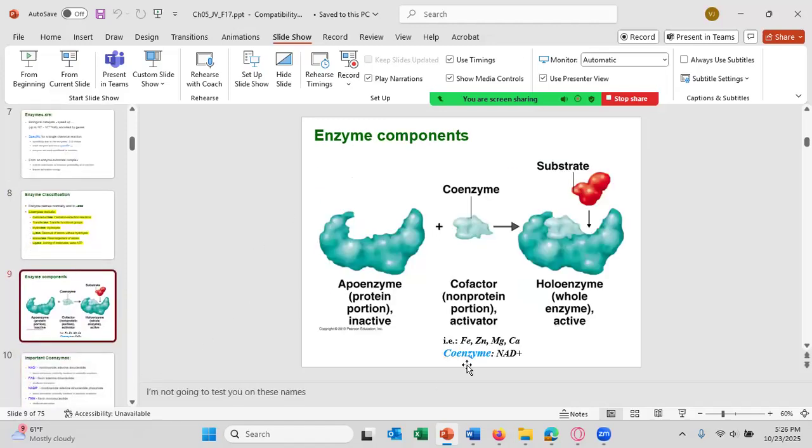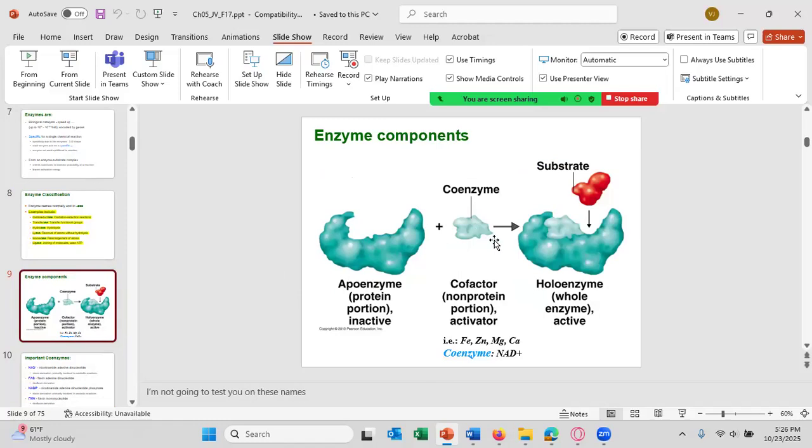All right, you should know that enzymes do not work in a vacuum. Some enzymes require a helper, either a coenzyme or a cofactor. A coenzyme is a biological molecule, like NAD is a coenzyme we'll talk about in this lesson.